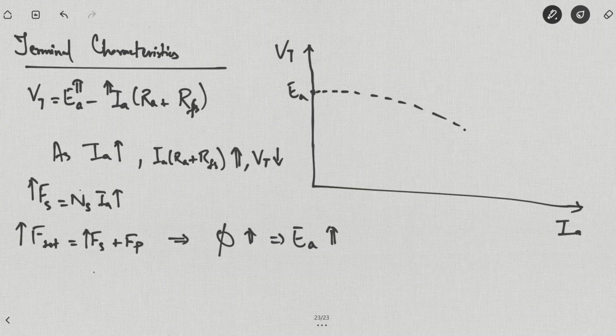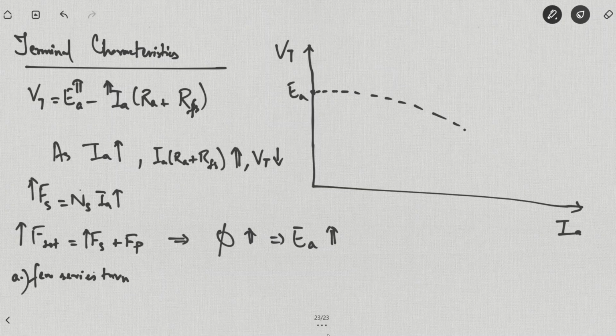With a few series turns, case A will be for a few series turns. With few series turns, naturally we assume that the Ns into Ia, the magnetomotive force produced by the series field windings, will be less. It will not be as much.